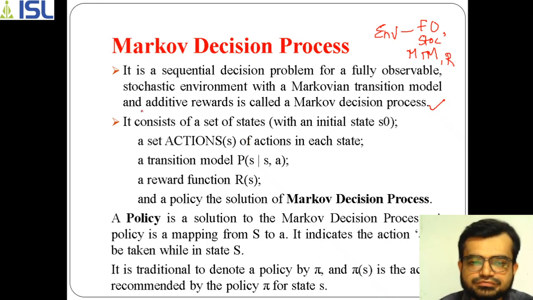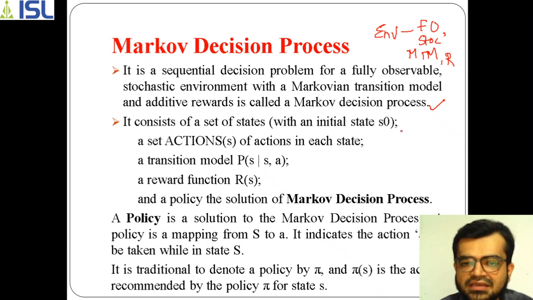Simply, if I define the Markov decision process, I can say that it is a set of states, a group of states, because an agent has to move from one state to another state. The initial state you can term as S0, which is called the initial state, and a set of actions. Why actions? Because if I move from one state to another state, I have to perform some action. So multiple sets of states mean multiple actions have to be performed.